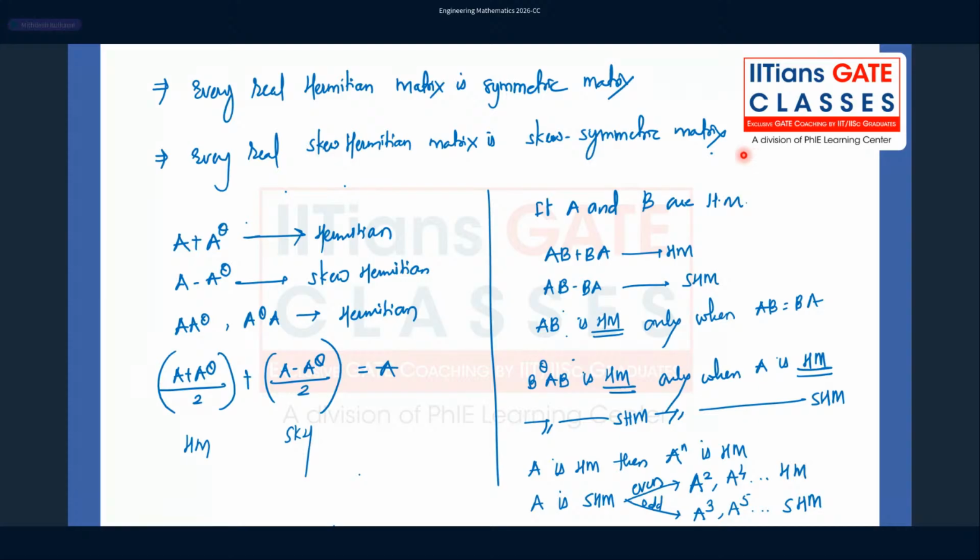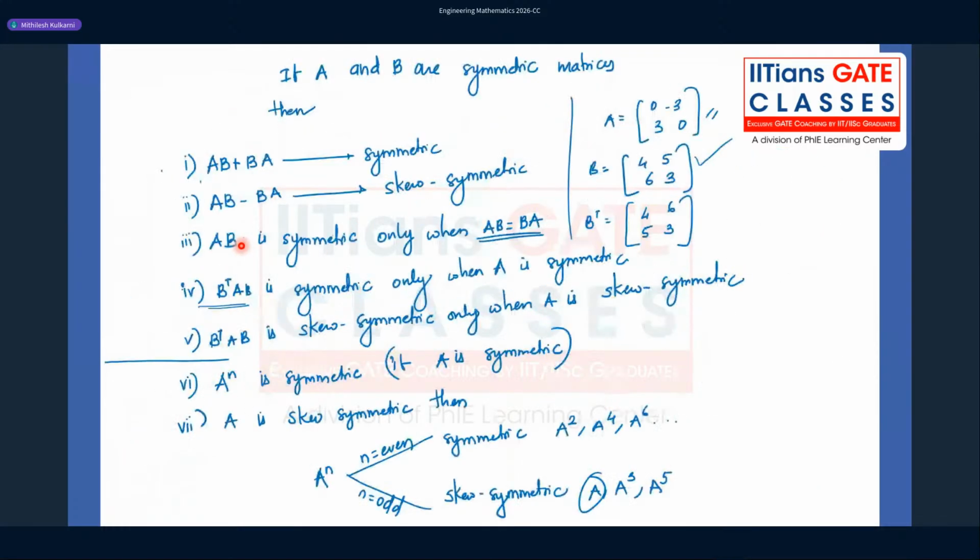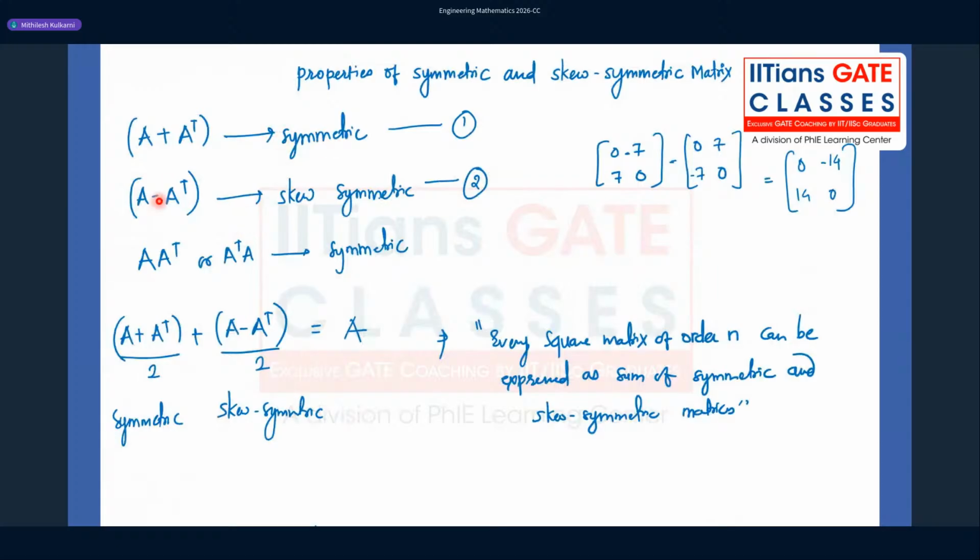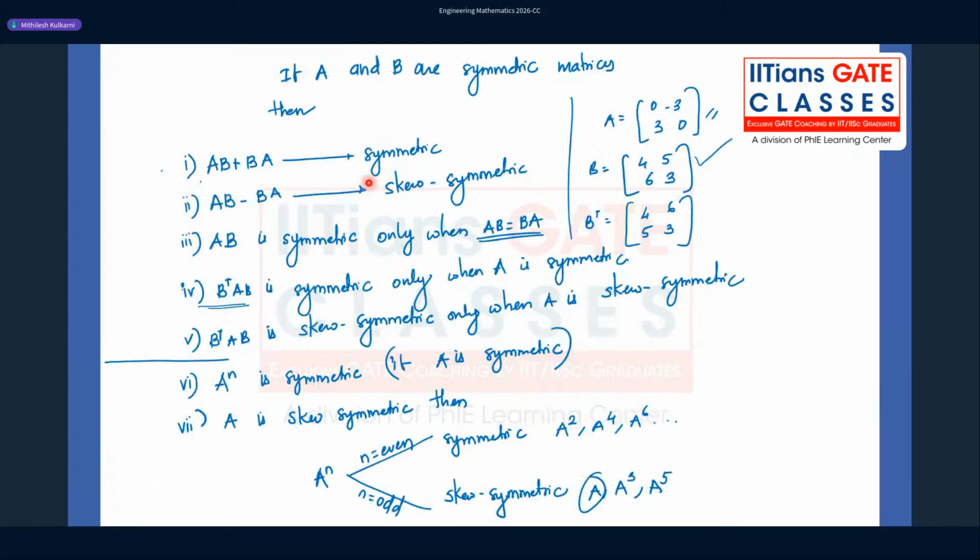Okay. And whatever properties we have studied for symmetric and skew symmetric matrices are also valid for Hermitian and skew Hermitian. So whatever properties, which properties? A plus A transpose is symmetric, A minus A transpose is skew symmetric, and again AB plus BA is symmetric, AB minus BA is skew symmetric.